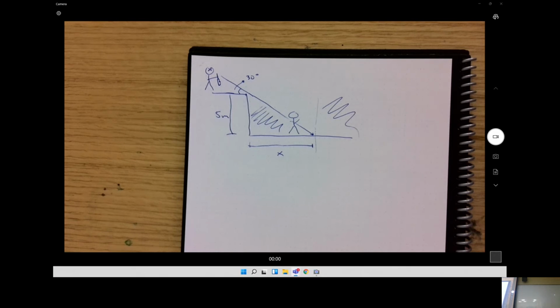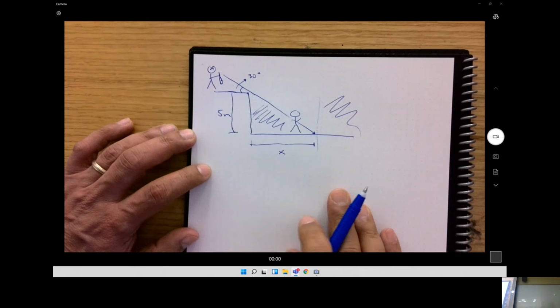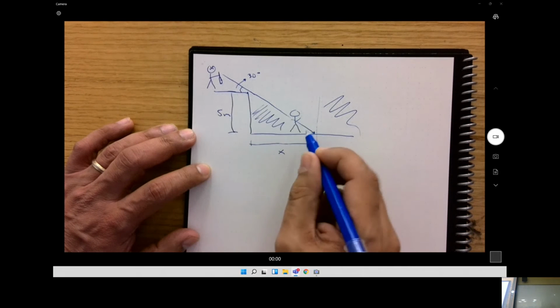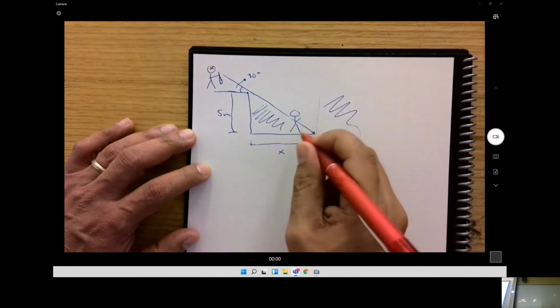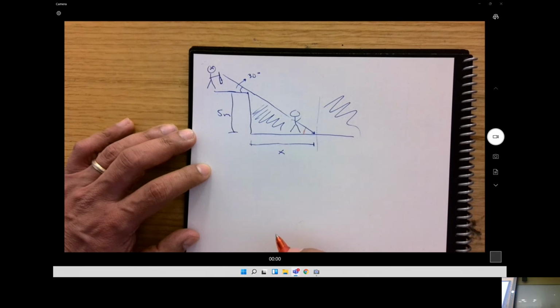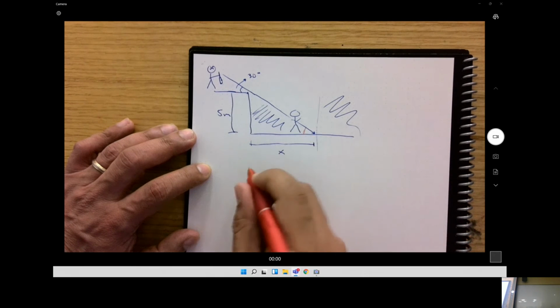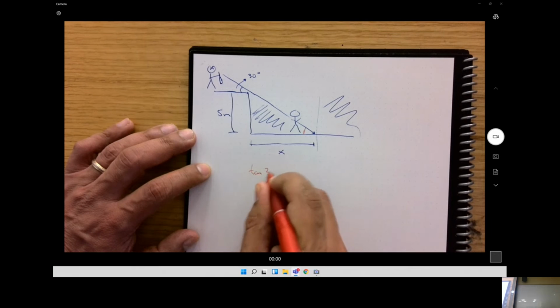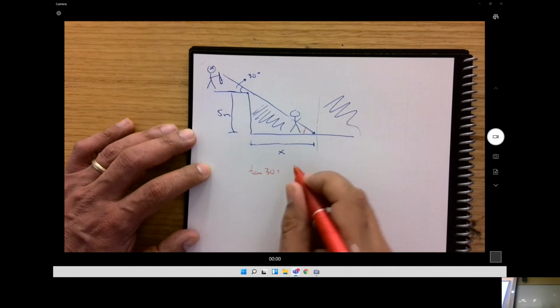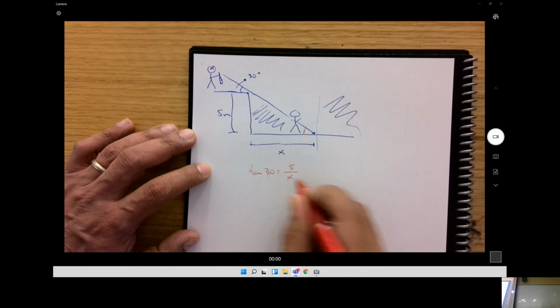Okay. I'm going to assume right now that the pool is completely empty. So there's no refraction. Light just travels in a straight line at 30 degrees, and then it's just a simple trigonometric problem. This is 30 degrees. This angle is also going to be 30 degrees. And then tangent of 30 is going to be opposite over adjacent, so it's going to be 5 meters over x.